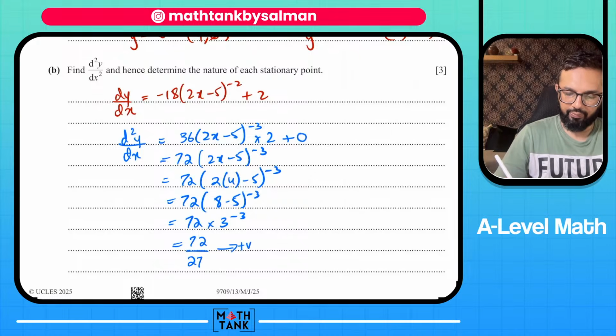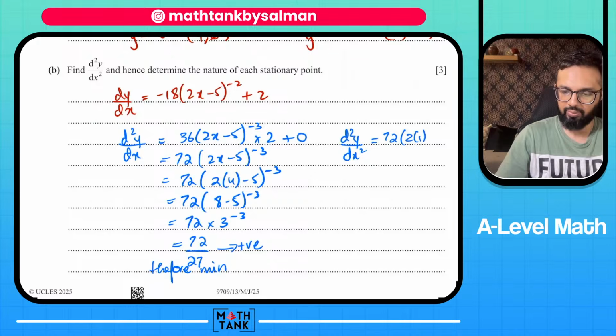That's positive. Therefore, minimum. And it's the other one, 1, right? 72 times (2 times 1 minus 5) to the power minus 3.